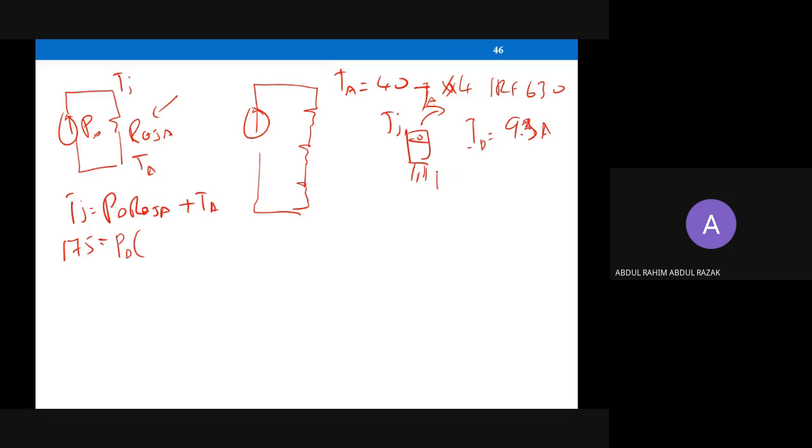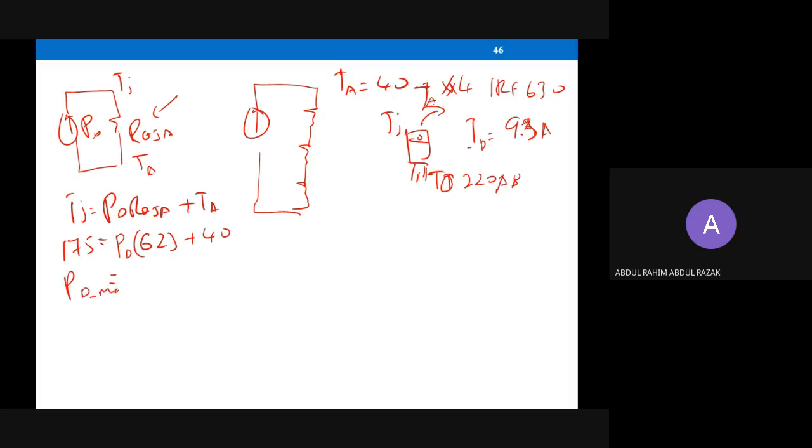So this is the TO220AB package type, TO220. It shows that this R thermal JA is 62 degrees C per watt, plus 40. So what is the PD max if no heatsink is used?